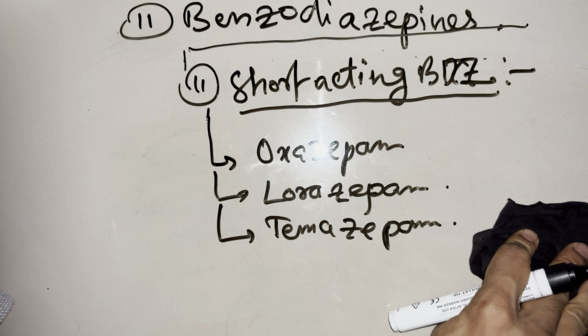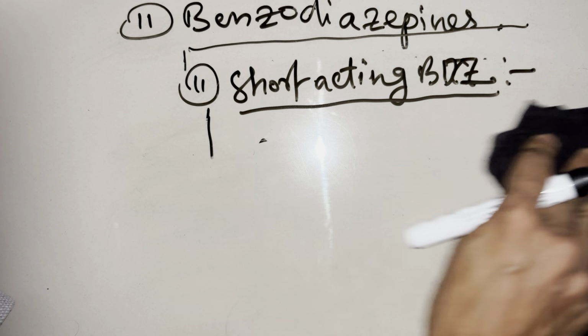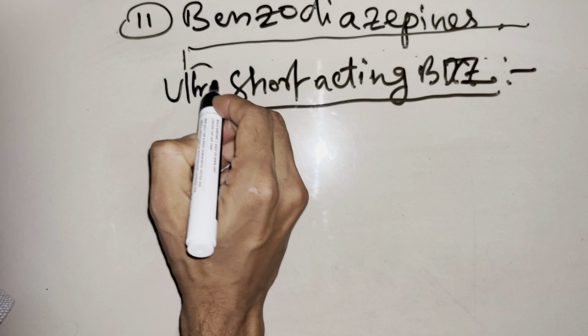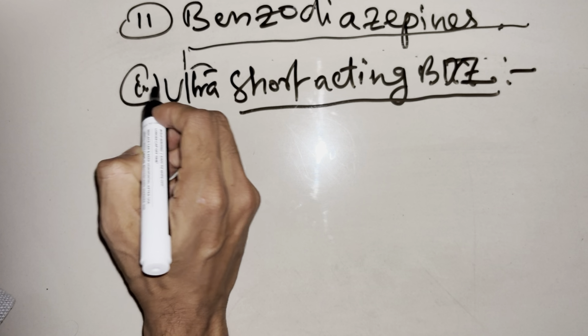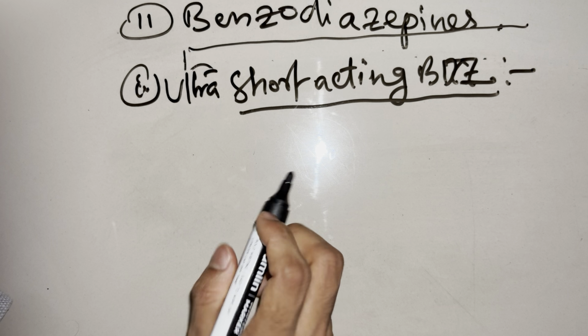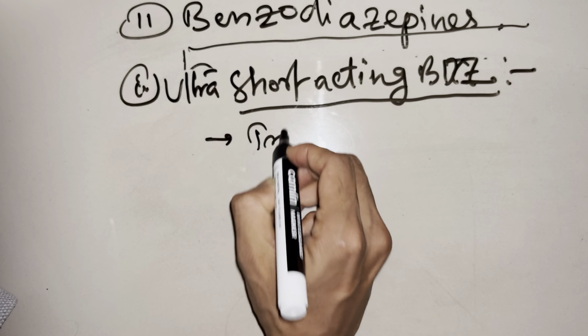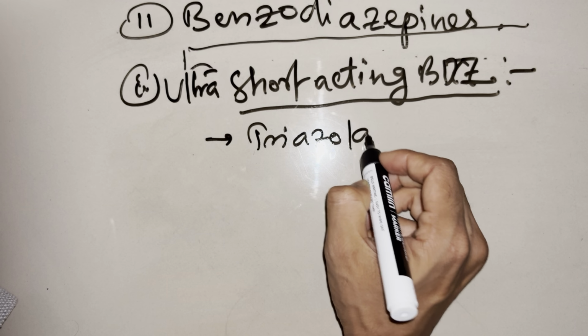Next, number 4, that is ultra short acting. What are the examples of ultra short acting benzodiazepines? They are triazolam and midazolam.